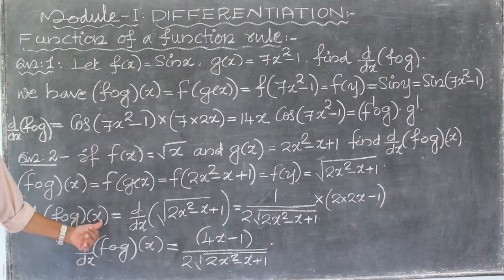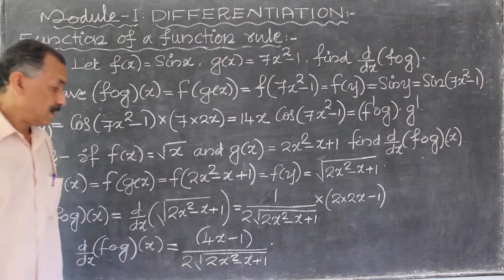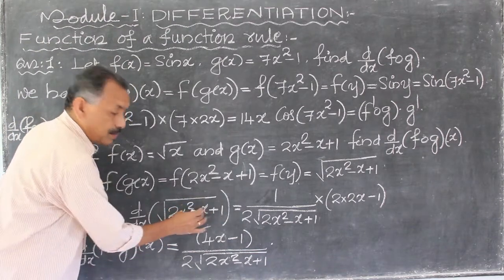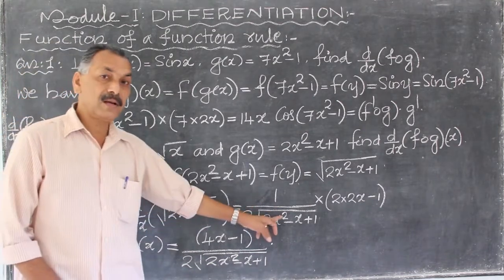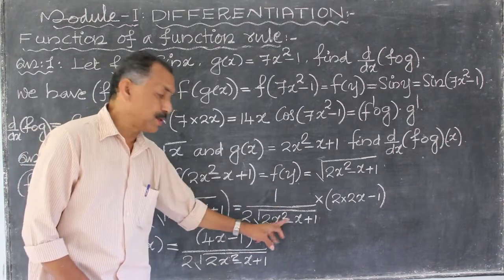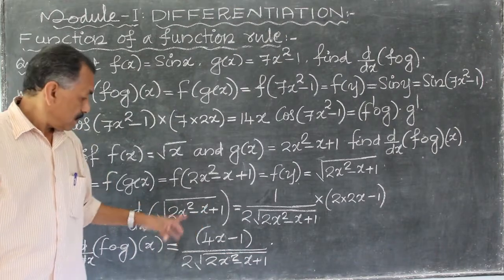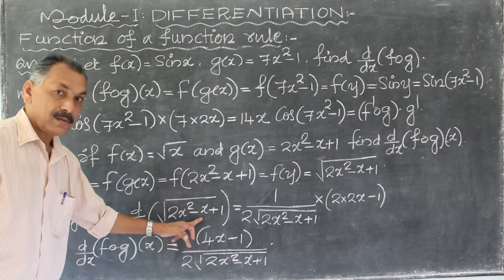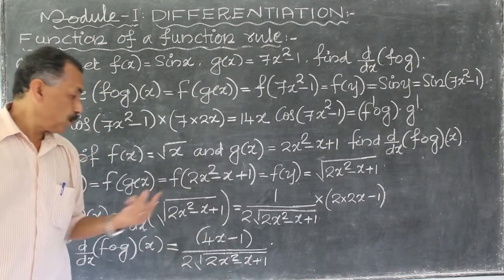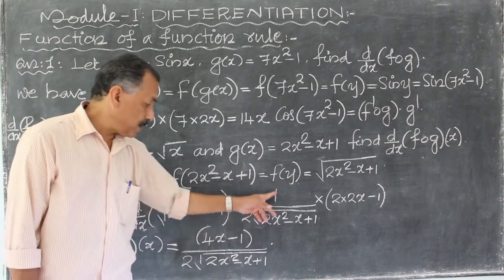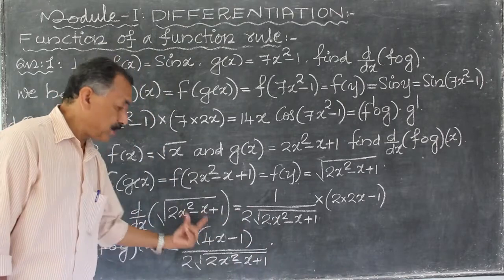Then the derivative of f dot g means the derivative of this one. The derivative of root u, what is it? The derivative of root u is 1 by 2 root u. We did this earlier. Here 2x square minus x plus 1 is taken as u. Now the derivative of root u is 1 by 2 root u. Then 1 by 2 root of 2x square minus x plus 1 into the derivative of u.